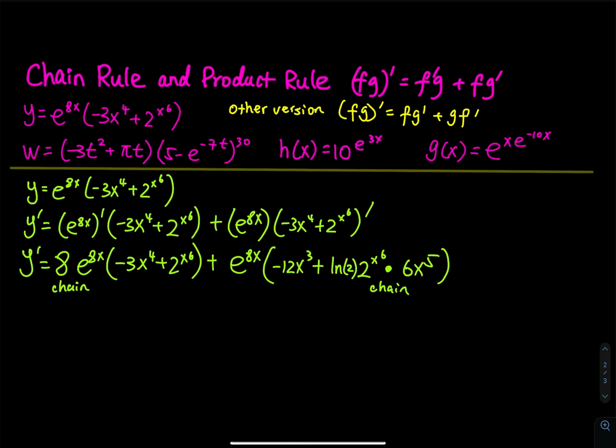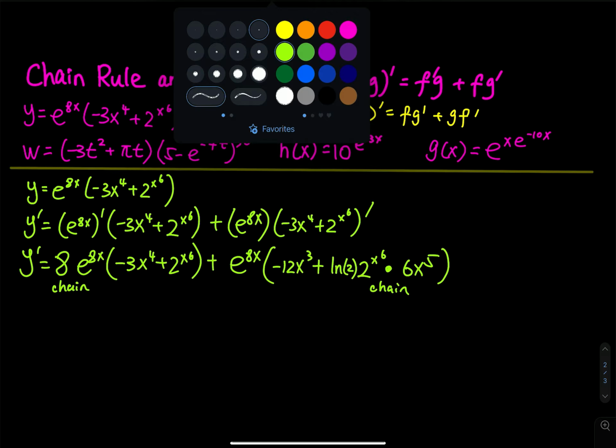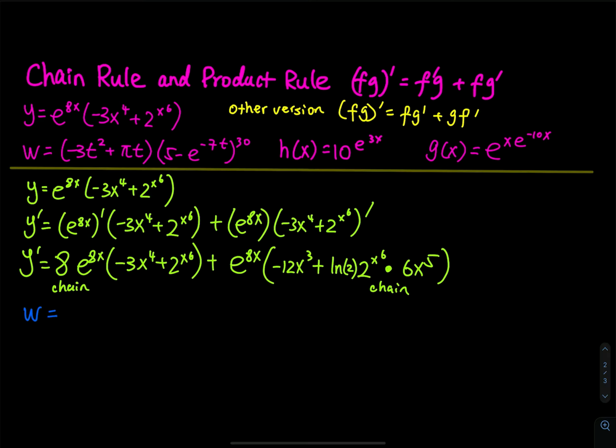The next one we have a w equals negative 3t squared plus pi t, and then times 5 minus e to the negative 7t raised to the 30th power. So we have w prime. So w prime, what is that equal to? We have w prime, so f prime g.